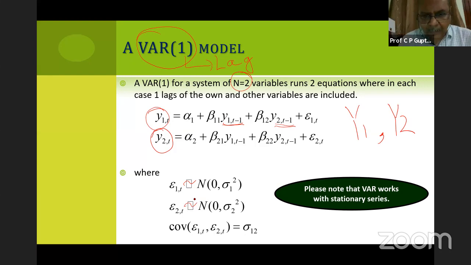Okay friends, if beta 1 2 is equal to 0, can you tell me what is the impact of it?